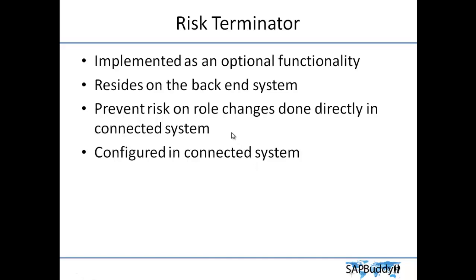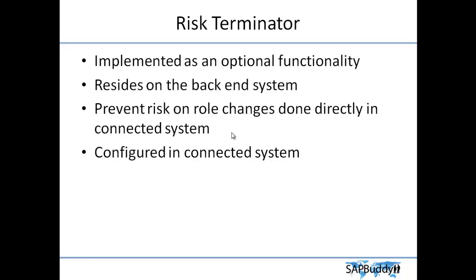What it does is that when you make any role changes in the backend system, this will prevent SOD conflict in that particular role. For example, if you do the role management using business role management, you can identify the risk during the development process of the role itself.